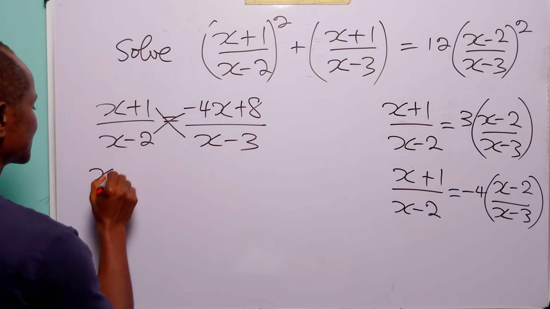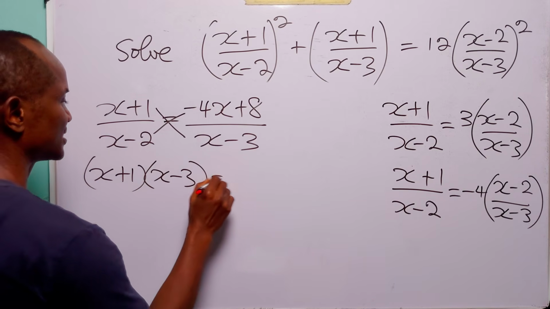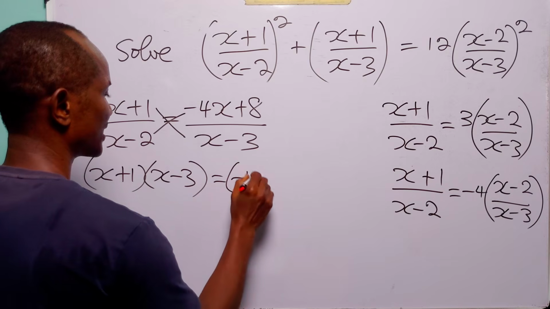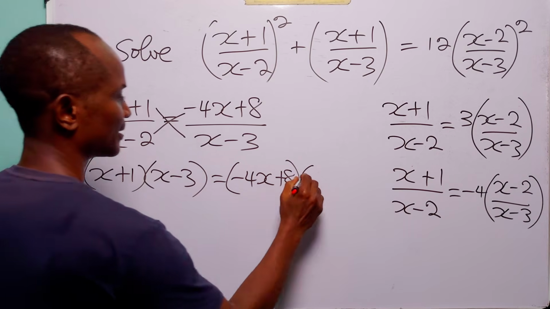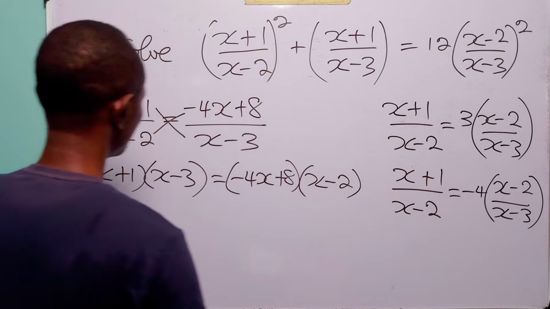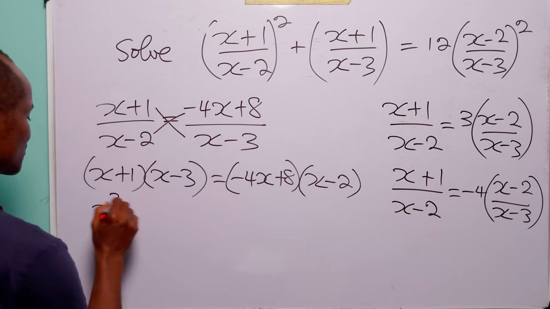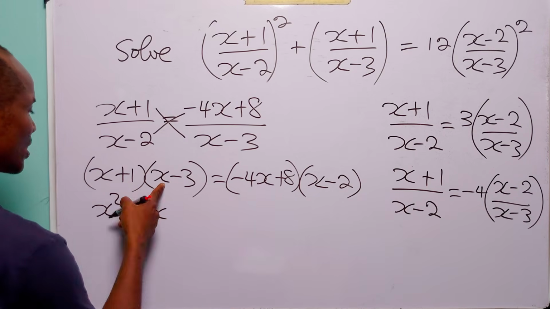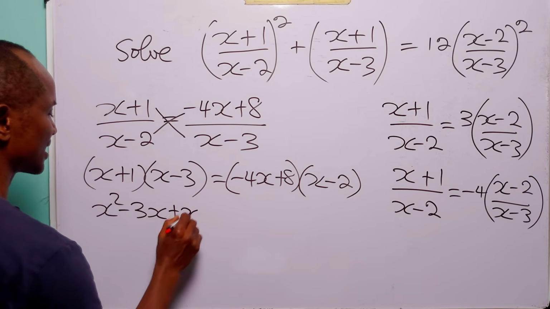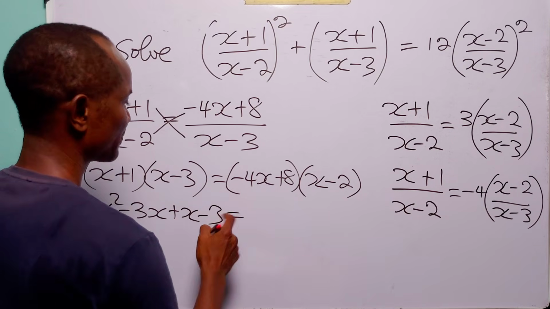So we have x plus 1 times x minus 3 is equal to minus 4x plus 8 multiplied by x minus 2. X times x is x squared. X times minus 3 is minus 3x. 1 times x is plus x, and 1 times minus 3 is minus 3.